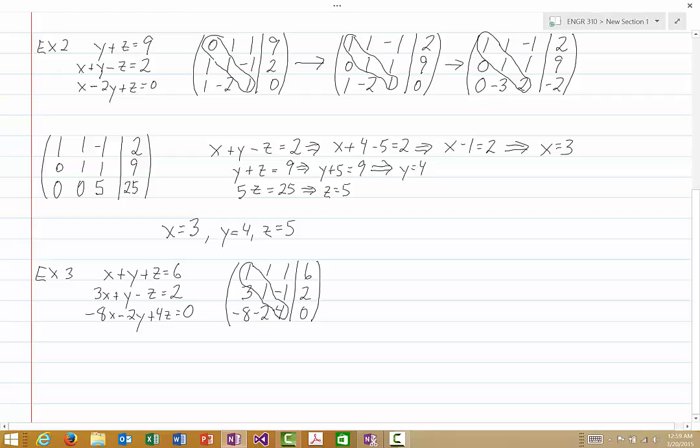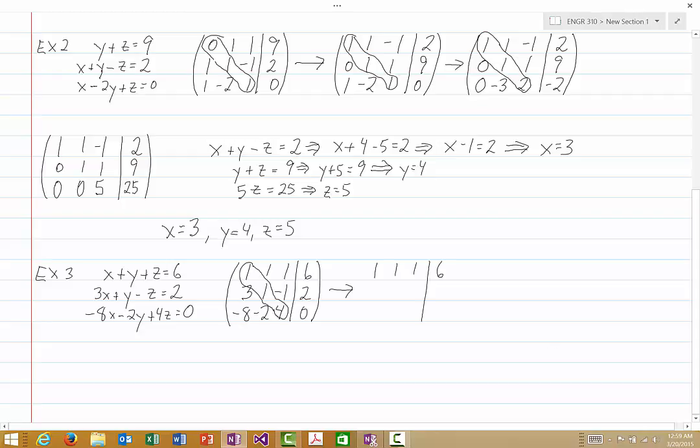So we'll first eliminate this 3 and this -8, and then we'll eliminate the -2. We eliminate the 3 by adding -3 times the first row to the second row. So we get 1, 1, 1, 6.